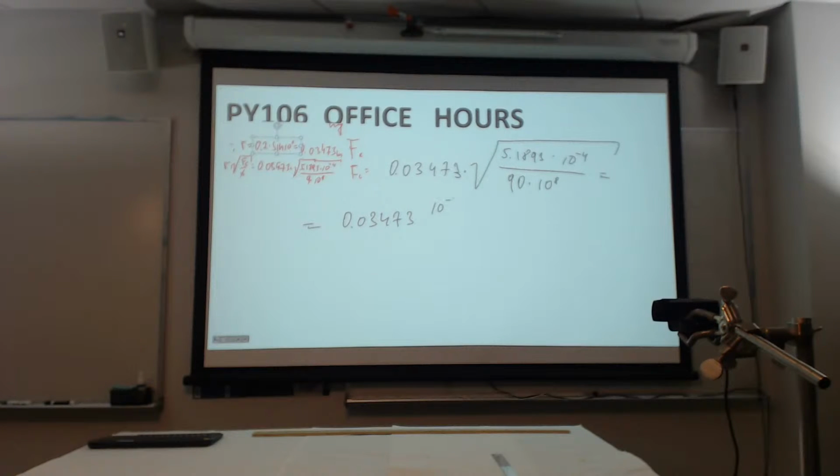This is 10 to the negative 2nd, this is 10 to the 4th, and I have left 5.1893 over 90. So this is actually 3.473. Something is off.